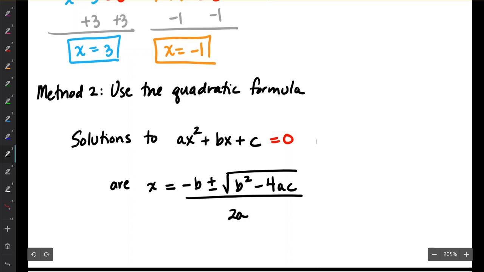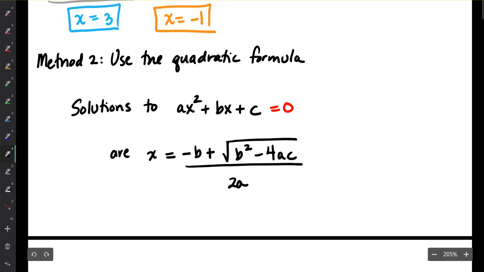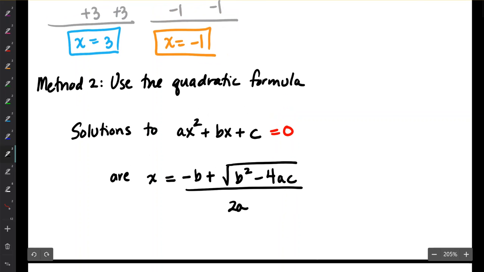These are two numbers here. There's x is equal to -b plus the square root of b squared minus 4ac all over 2a, and the other number is -b minus the square root of b squared minus 4ac all over 2a. We write that concisely with that plus or minus symbol.